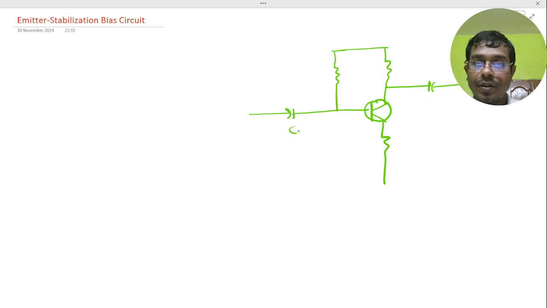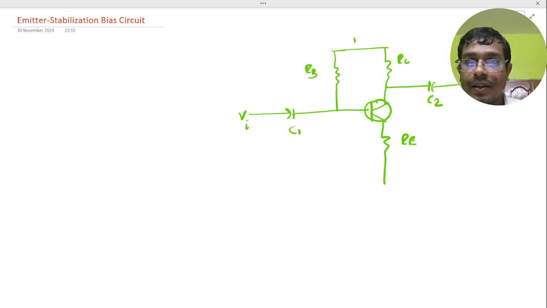So basically this one is C1, C2, input voltage, output voltage, this one is RE, this one RC, RB, and basically the VCC, and here the current through it is basically the IB, and here the IC current, and here the IE emitter current, and basically it should be ground here, and the current flow must be from the base to emitter region.